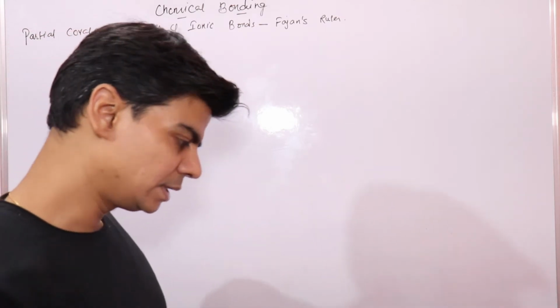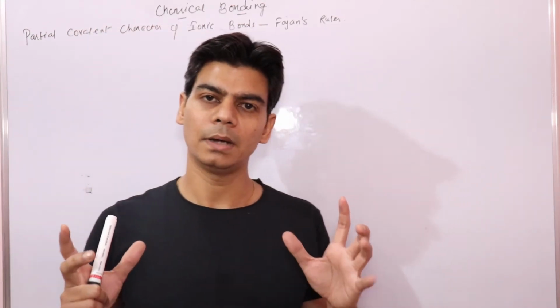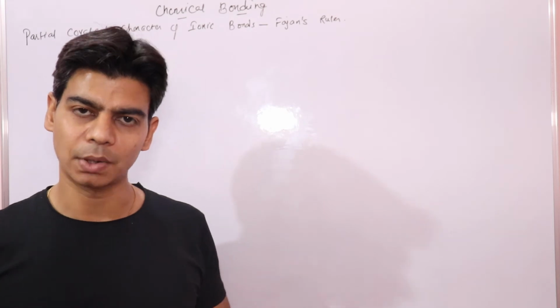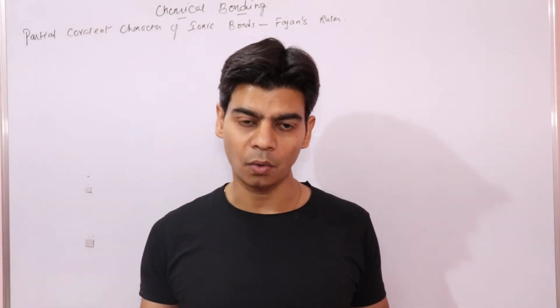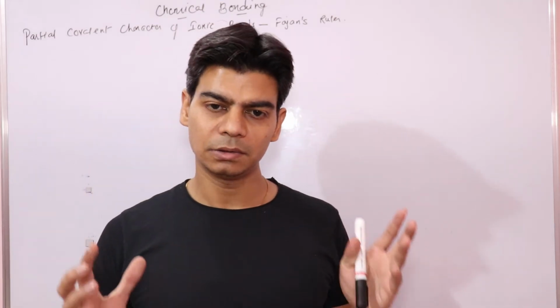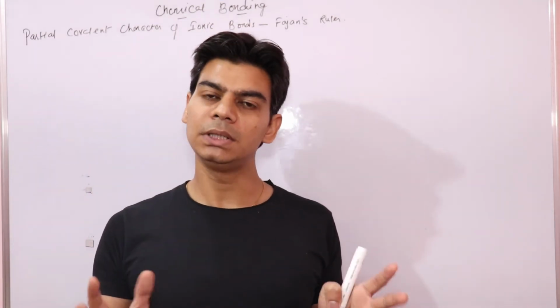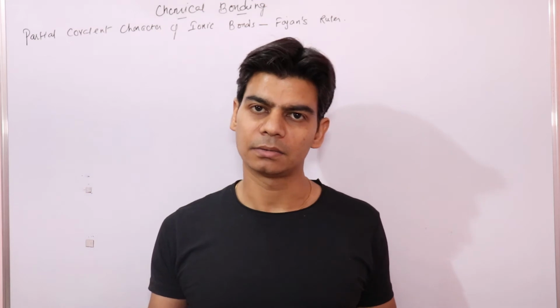So let's look at this. What we will be seeing is, in an electrovalent or ionic compound that consists of a cation and anion, how covalent character develops between them.